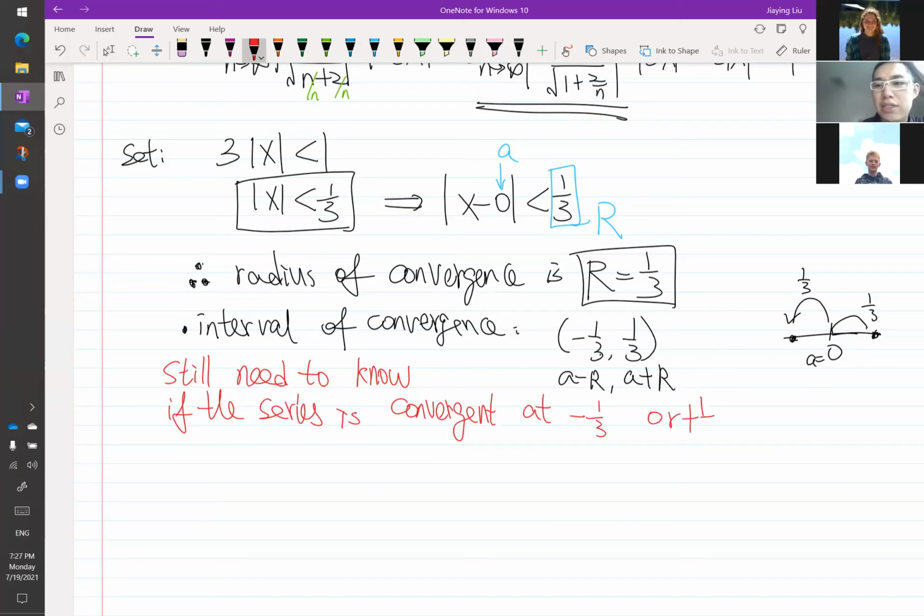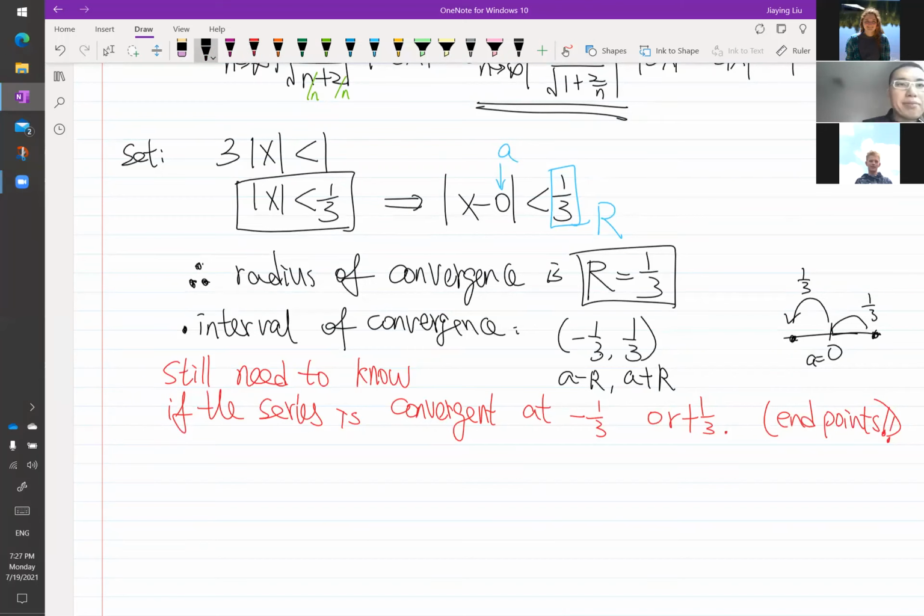We still have to test those two endpoints. It's definitely convergent in the middle between them, but at the ends, we don't know yet.